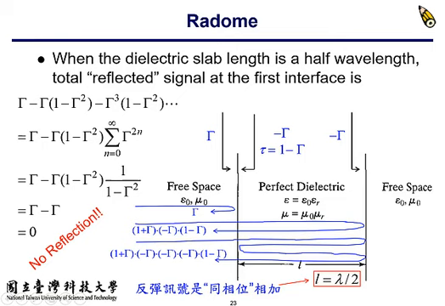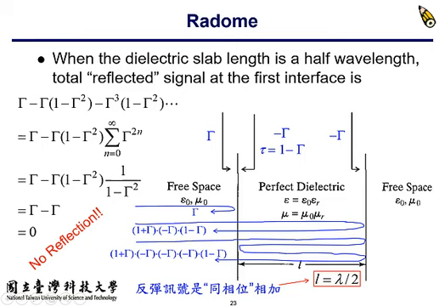Remember that here we have free space, dielectric, and free space transmission line. So the reflection coefficient looking from free space to dielectric is gamma, and the reflection coefficient looking from dielectric to free space shall be minus gamma. Okay? So this is the transmission coefficient at the first interface.